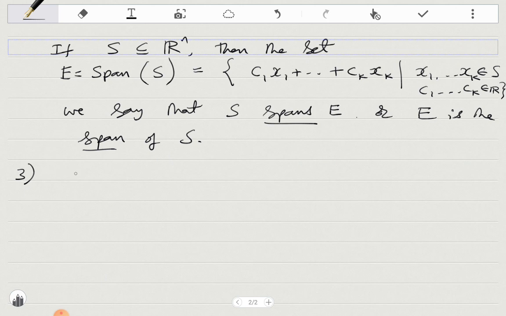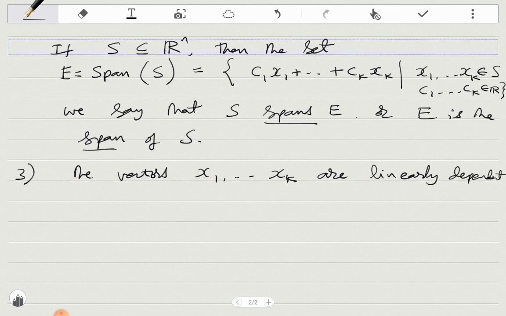A set of vectors x1, x2, up to xk are linearly dependent if, simply put, some non-trivial linear combination of these equals 0.